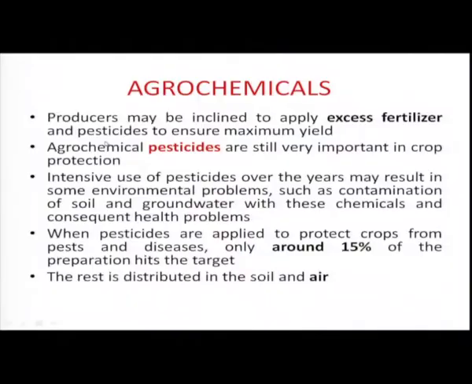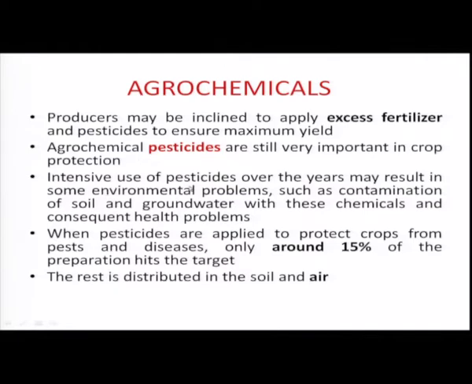Not only this, the other important chemicals are pesticides. Okay, along with fertilizer, these two are added to ensure maximum yield of the agricultural crop. So agrochemicals like pesticides are still very important in crop protection. Okay. So without this, it is very difficult to manage the pest problem.